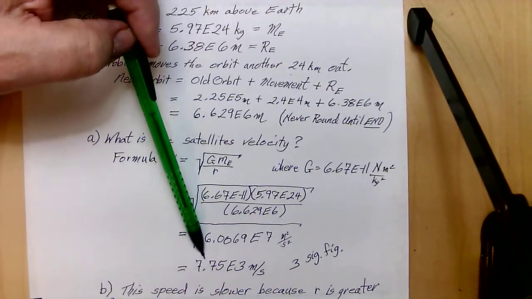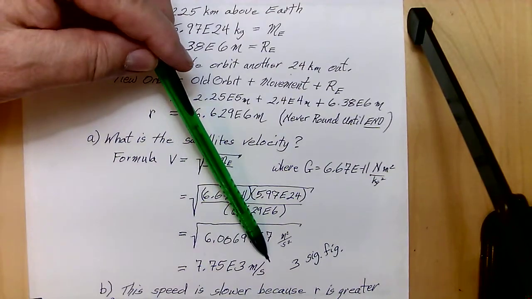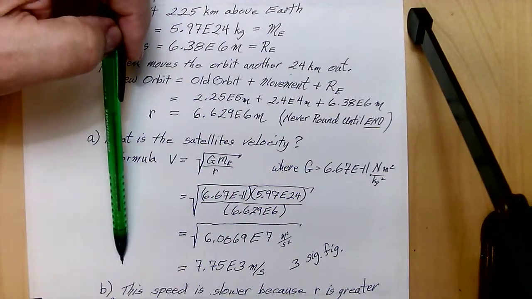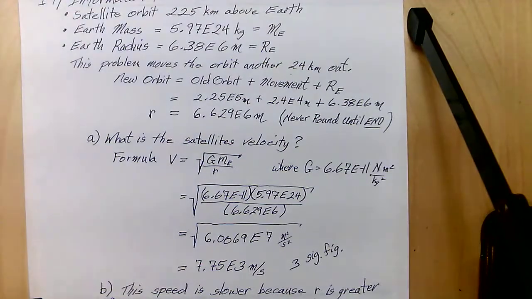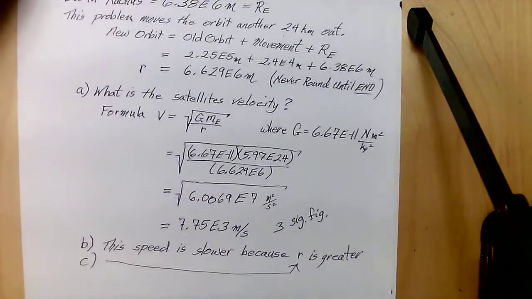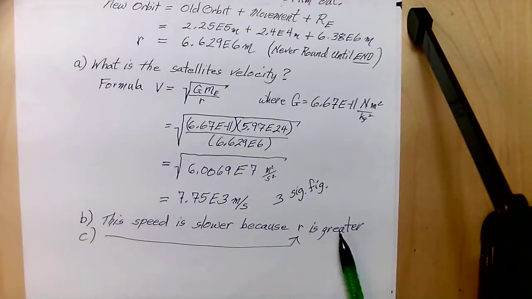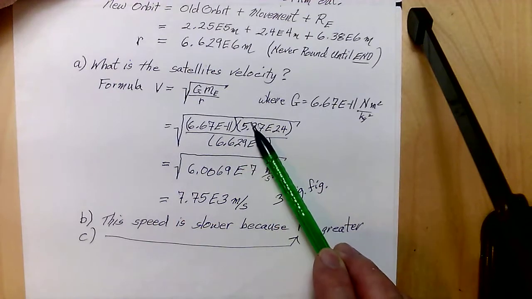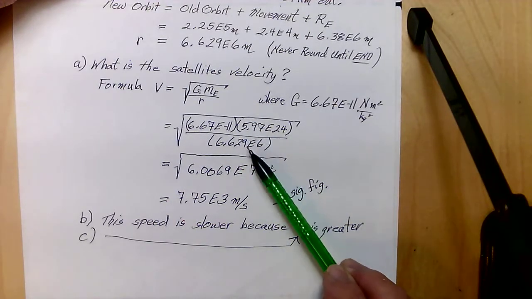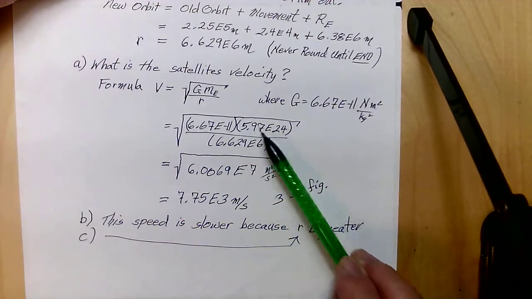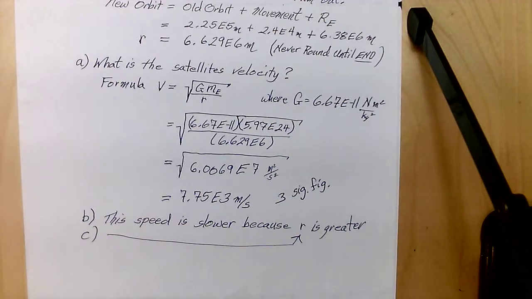So 7.75 E3 meters per second. And this speed is slower than before. Why? Because r is greater. If the numerator stays the same but r gets larger, then that quantity is smaller. So that's the answer for number 14.